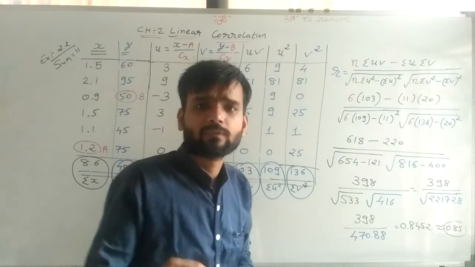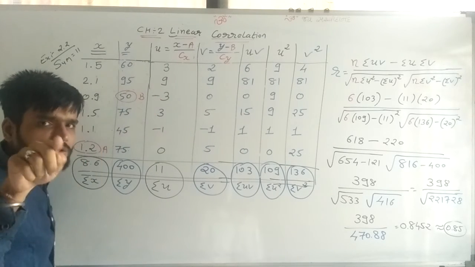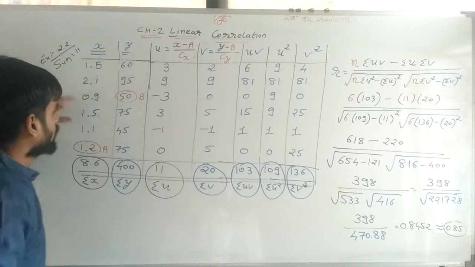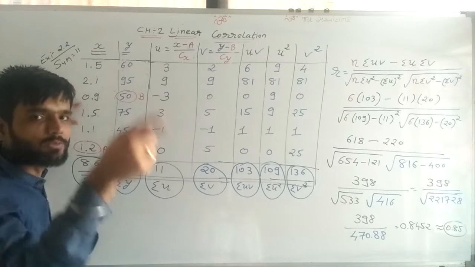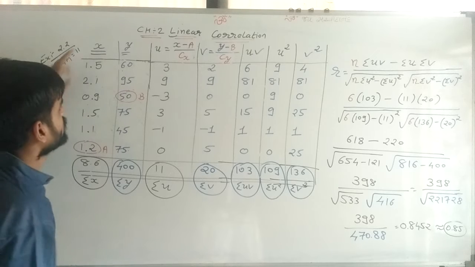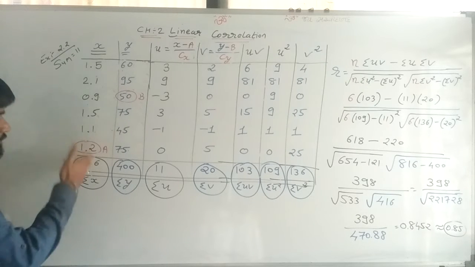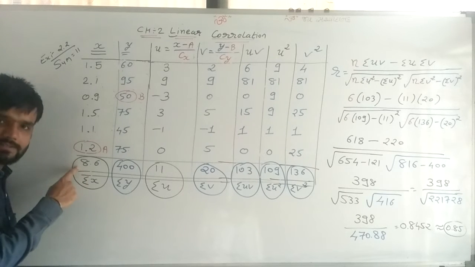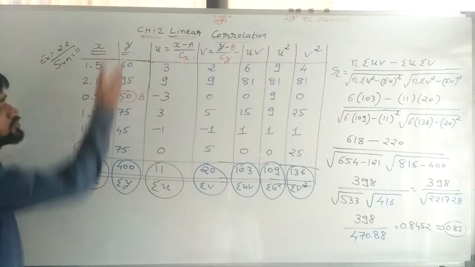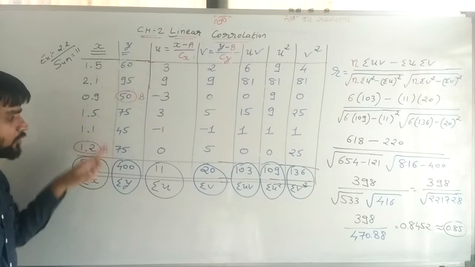That's why. Now see here, this sum is given to you in your textbook. I said to you the only change is 1.5 instead of 1.8. Otherwise all the values remain the same. So here x is 1.5, 2.1, 0.9, 1.5, 1.1, 1.2. That is given to you. Total of that, sigma x, is 8.6. Same way values of y are given: 60, 95, 50, 75, 45, 75.